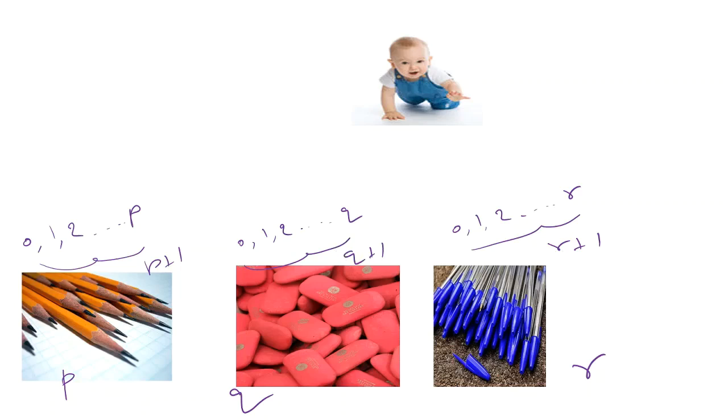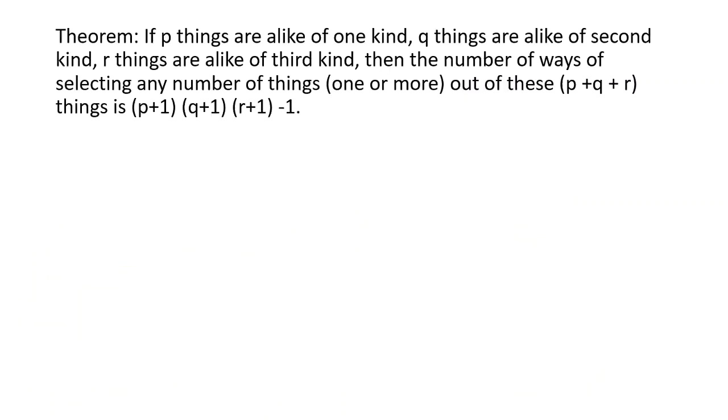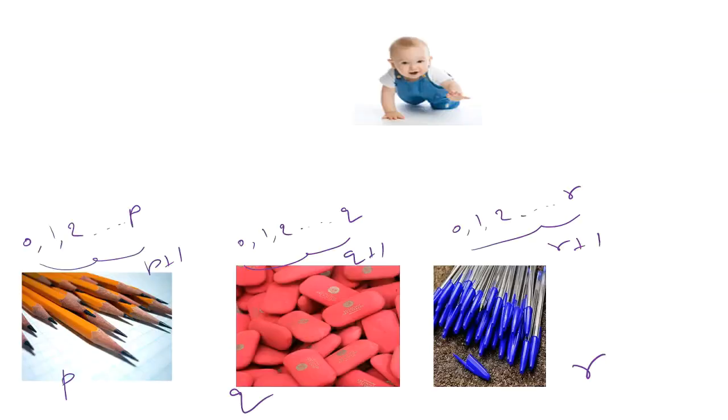But we have a restriction in the theorem. The restriction is we have to select one or more objects. So if I select 0 pencils and 0 erasers and 0 pens, we are not selecting any object. So that is not a required thing. So we have to remove that combination.